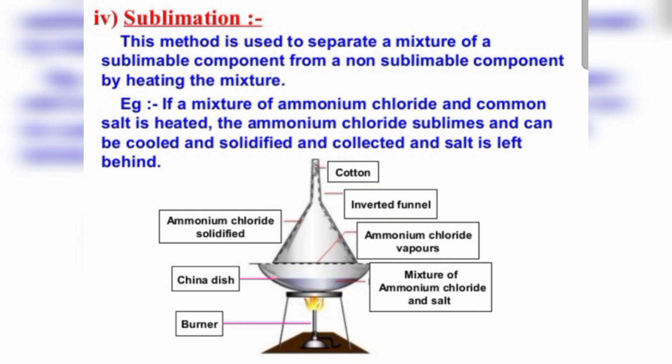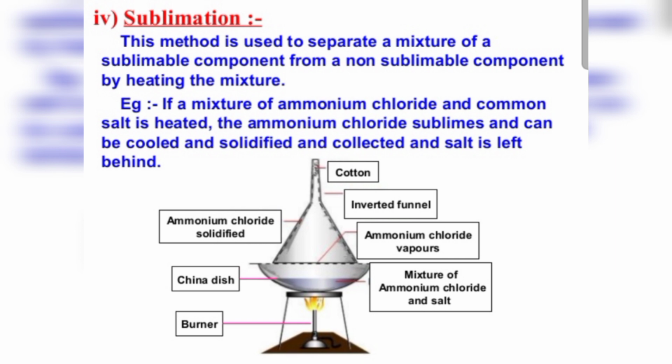For example, if a mixture of ammonium chloride or camphor and common salt is heated, the ammonium chloride sublimes and can be cooled, solidified and collected, while the salt is left behind. We know that ammonium chloride directly changes into the gaseous state, and after cooling this gas again changes into solid.